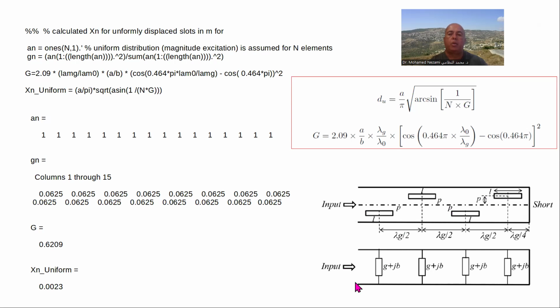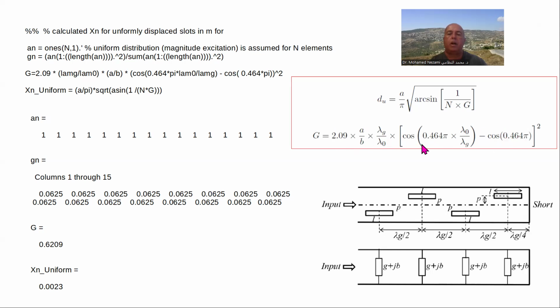And that has to do with modeling these slots as parallel loads across the input. The equation is right here. So the distance is equal to this here, which is a over pi, the broad wall width over pi, times this value in here. G here is this equation in here.